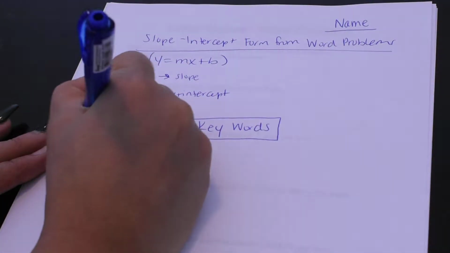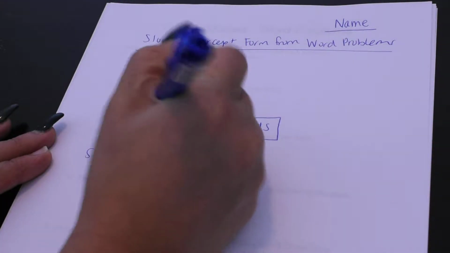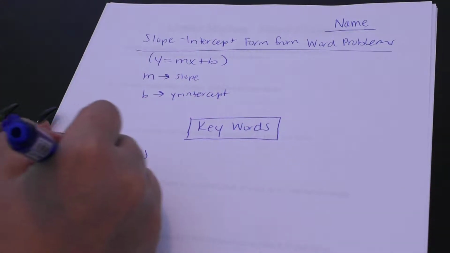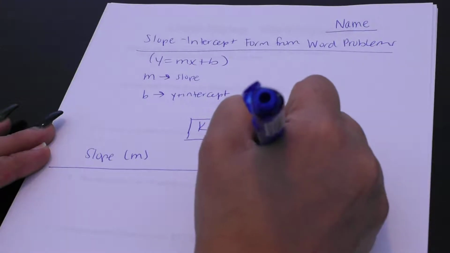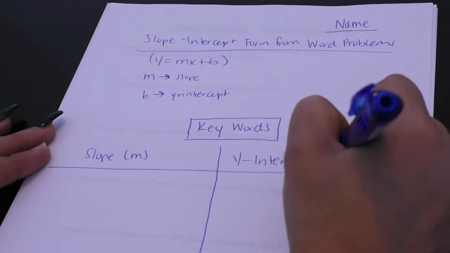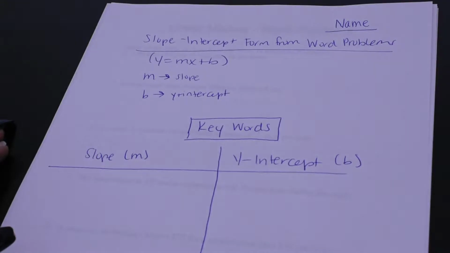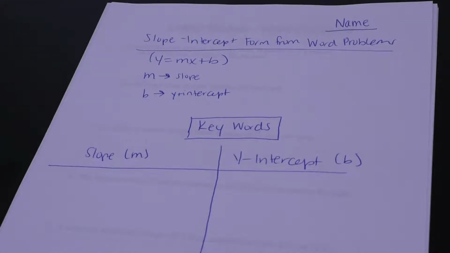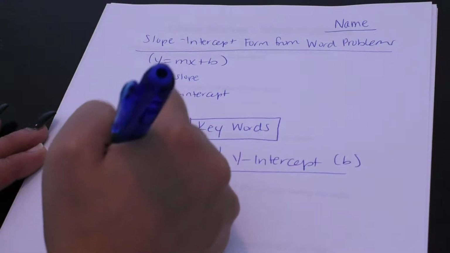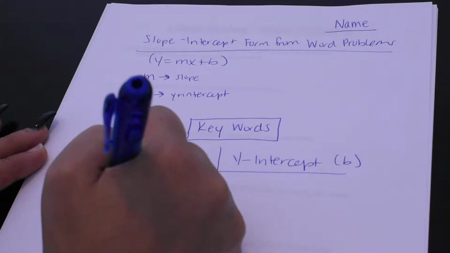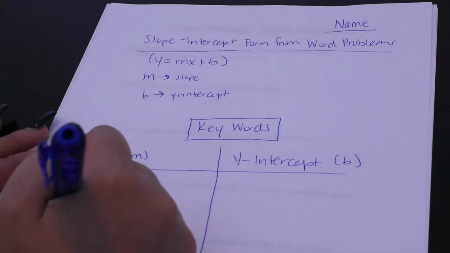So we're going to have keywords for slope, which is also m, and keywords for y-intercept, which is also b, right? All right, so for slope, you'll see words like per, each, for every, a.